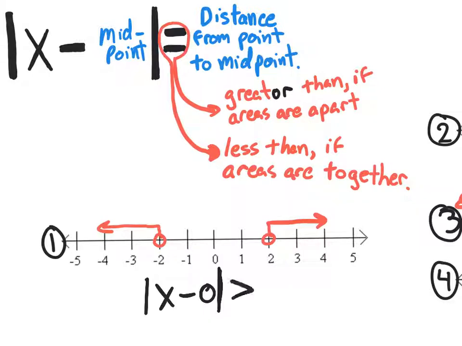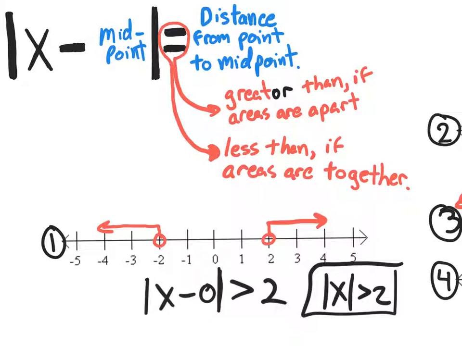Greater. So you're going to put greater than the distance from the point to the midpoint. What's the distance from the point to the midpoint? 2. So the only thing you could do to clean this one up is just write the absolute value of x is greater than 2. You don't need minus 0 because minus 0 is still going to be x. So this is your answer for that example right there. I don't know if you want to jot that down to have an example. I'm pausing it.